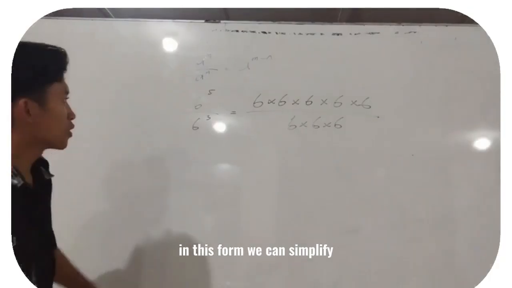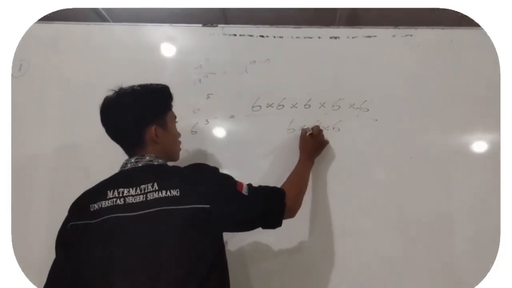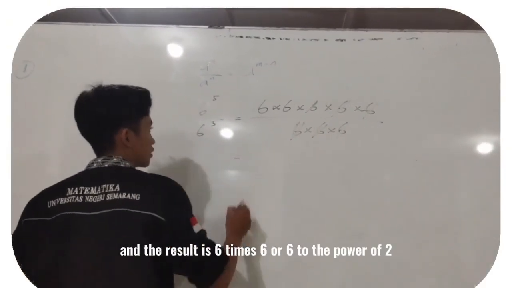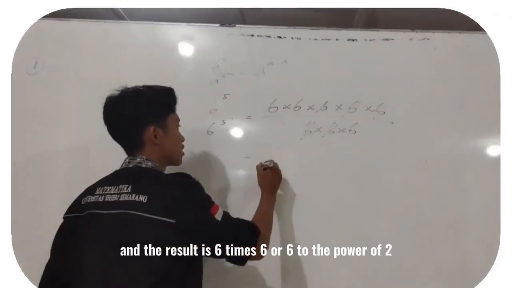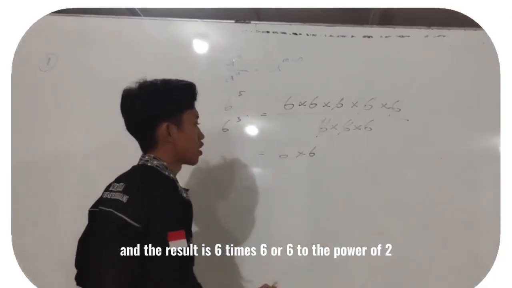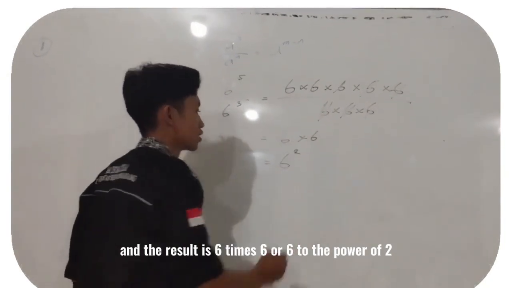In this form, we can simplify, and the result is 6 times 6, or 6 to the power of 2.